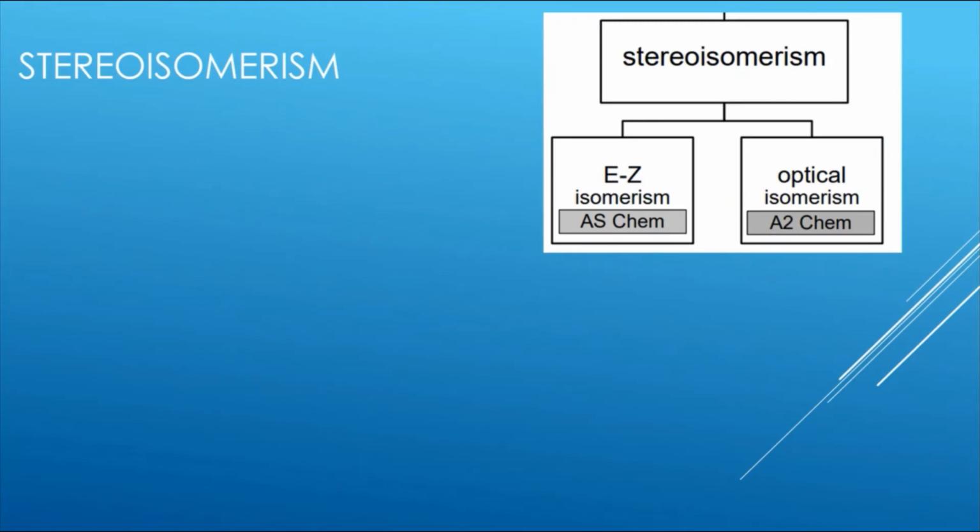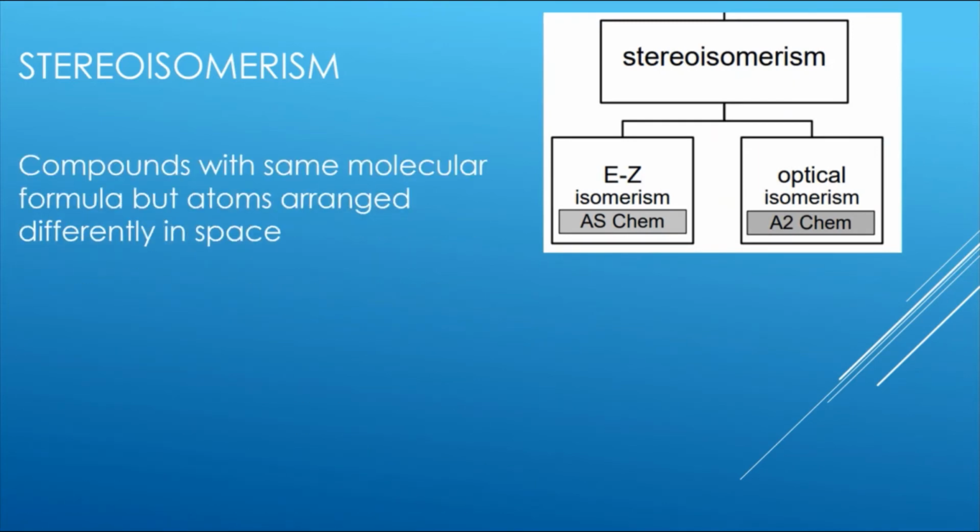Okay, stereoisomerism. This is the second type of isomerism. These are compounds with the same molecular formula, but the atoms are arranged differently in space, so we're looking at the 3D shape of the compounds. At AS level, we'll only focus on EZ isomerism, so we'll ignore optical isomerism.